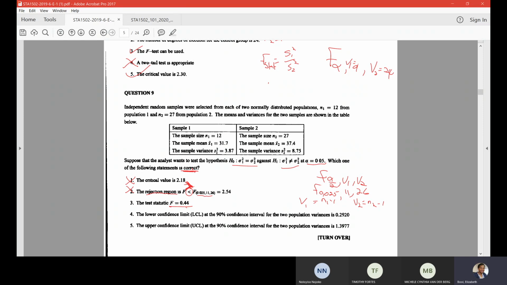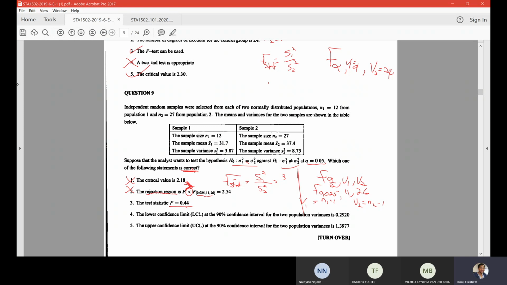So we need to go and calculate the F test. Calculating the F test: sample variance for 1 divided by sample variance for 2. So you just substitute the sample variances. There they are, it's 3.87.